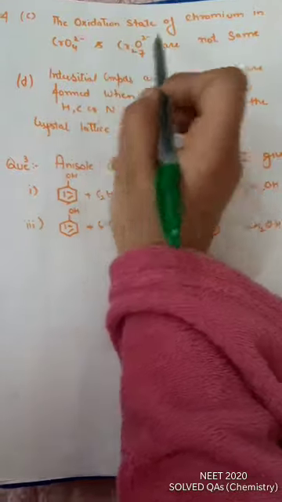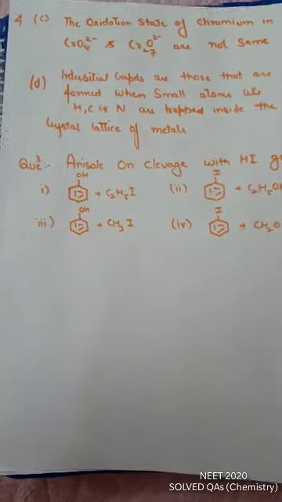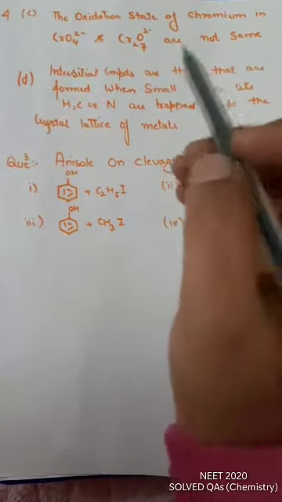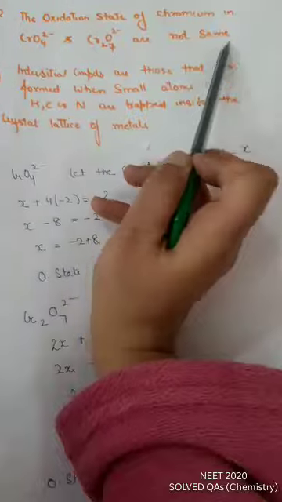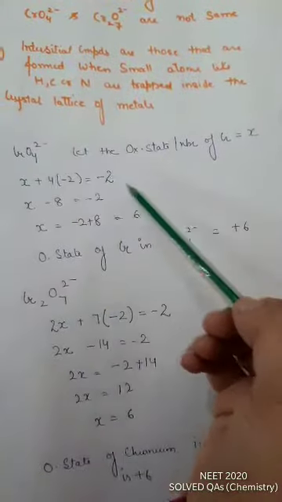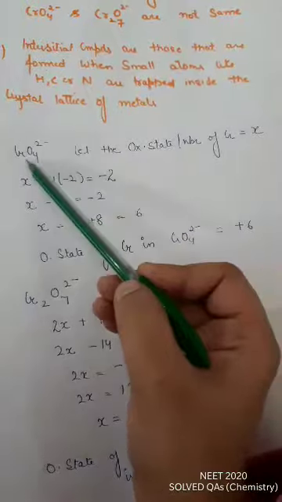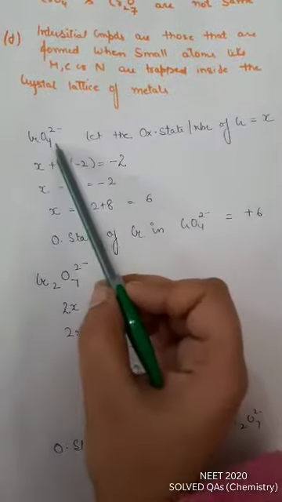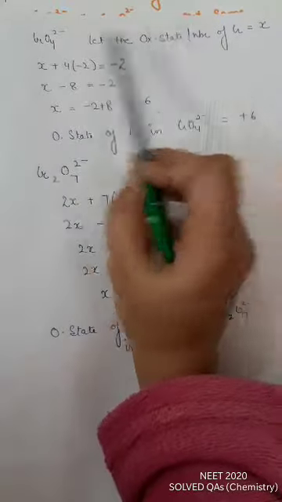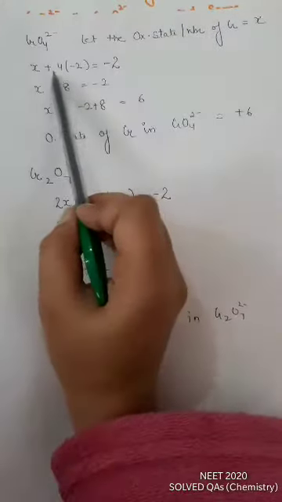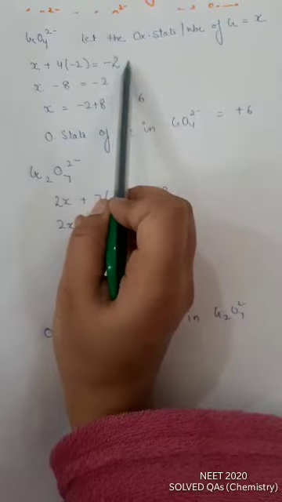To find this, first we have to find the oxidation number of each chromium atom. To solve this, we find the oxidation state of chromium in CrO4 2-. Let the oxidation state of chromium be X. So X plus 4 into -2 is equal to -2.